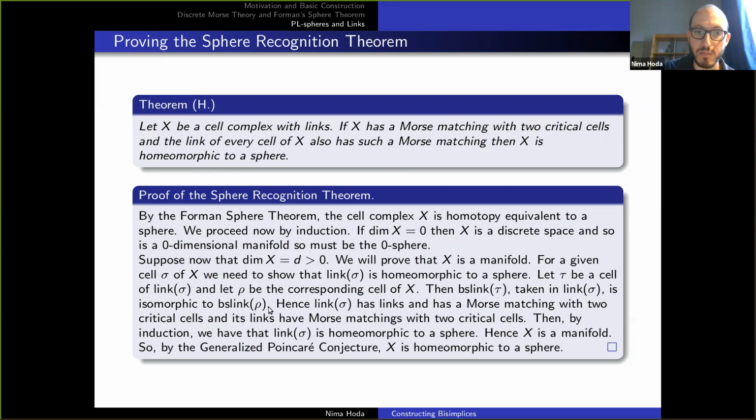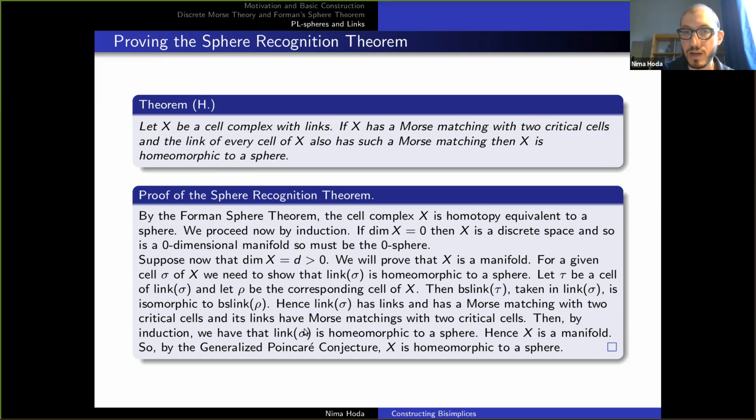That's just by consideration of the restrictions of the cell poset. If you restrict in 2 steps, it's the same as restricting once. And so that tells you that if you take a link inside of a link, it's the same as just taking a link of a higher cell.